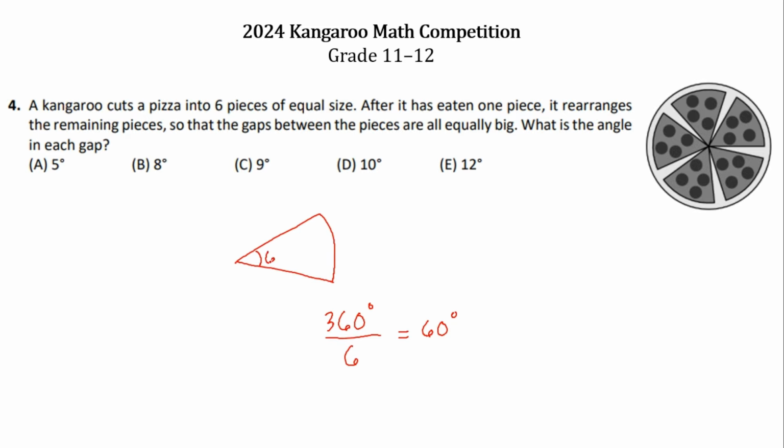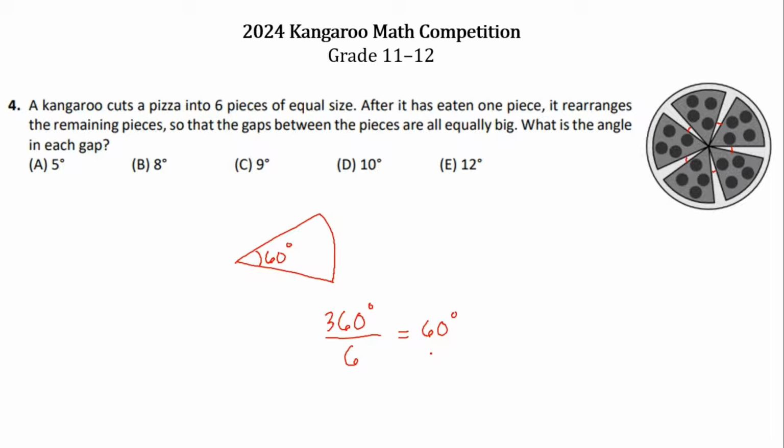Now after removing one slice from the pizza and rearranging the remaining slices, we have these gaps. The sum of the degree measures of these gaps must be equal to 60 degrees as well, right? Because it's the space originally occupied by the piece which was taken.